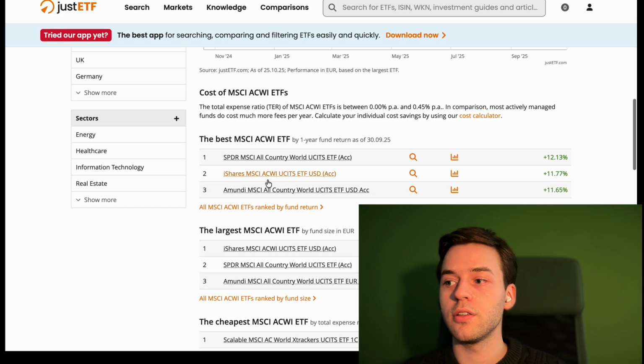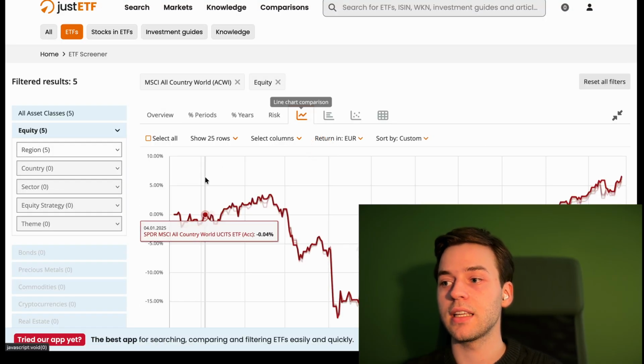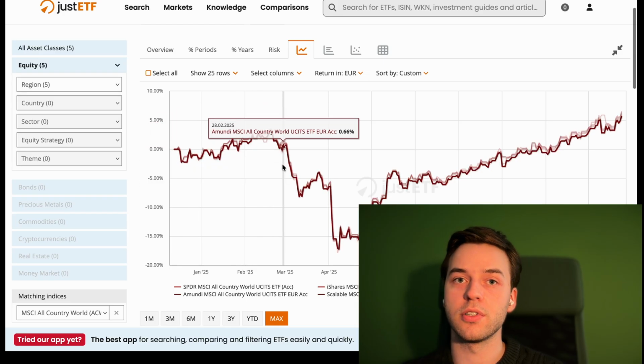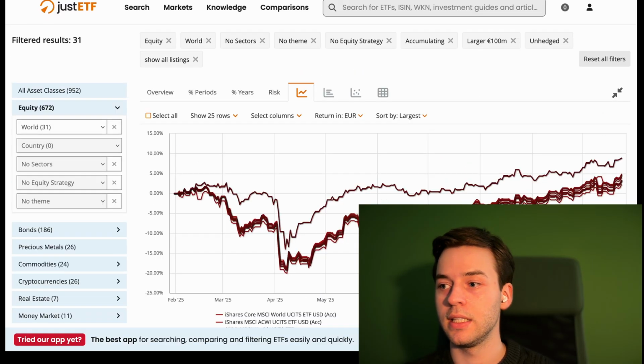And if you choose, for the worldwide ETFs to consider, keep in mind the offerings from Scalable Capital. And also, if you're in Europe or Germany, you could consider the new ETF from Gerd Kommer.